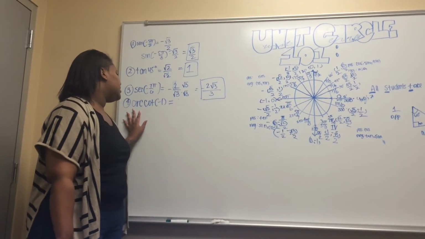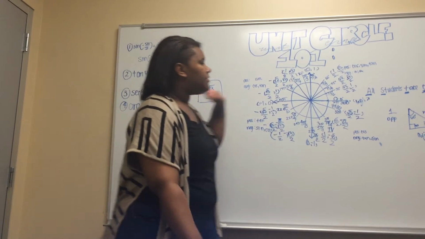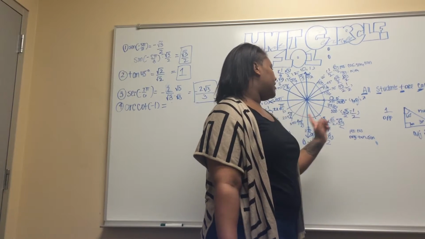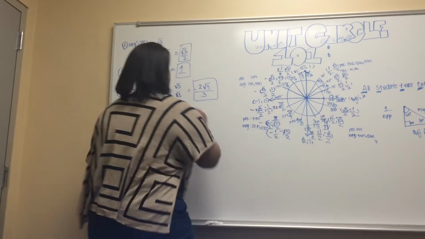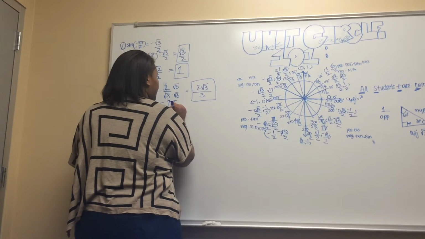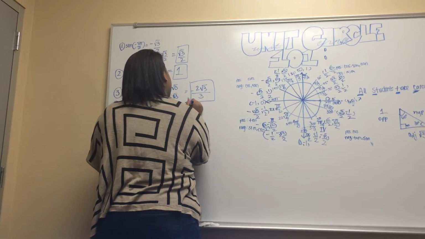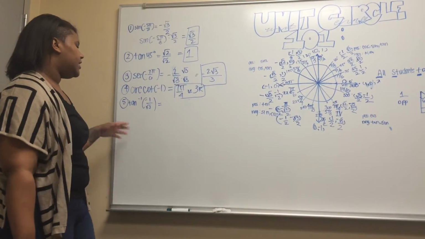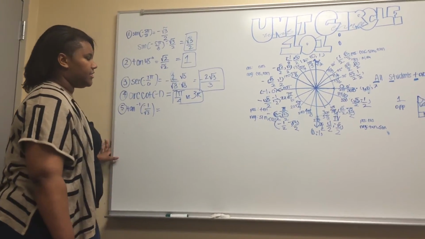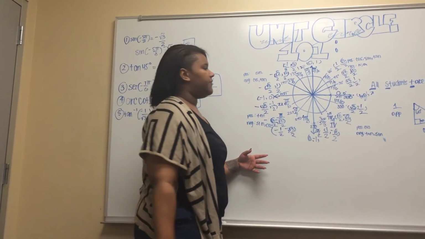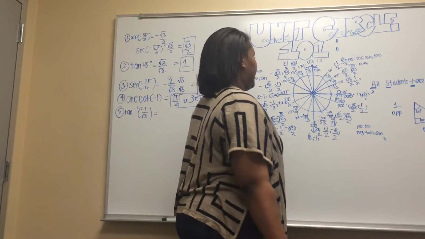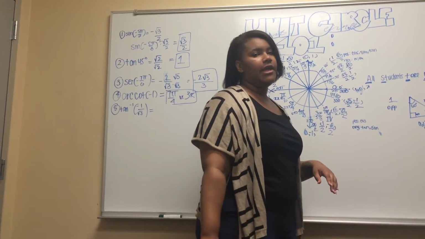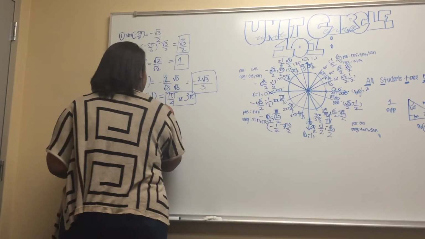Number 4 is arc cotangent, negative 1. Cotangent is in the first and fourth quadrant, and because it is negative 1, it will be 7 pi over 4, or 315. 5 is tangent inverse times negative 1 divided by the square root of 3, and that is also in the first and fourth quadrant, and it will be 330, but because it's not included, it's going to be negative 30 or negative pi over 6.